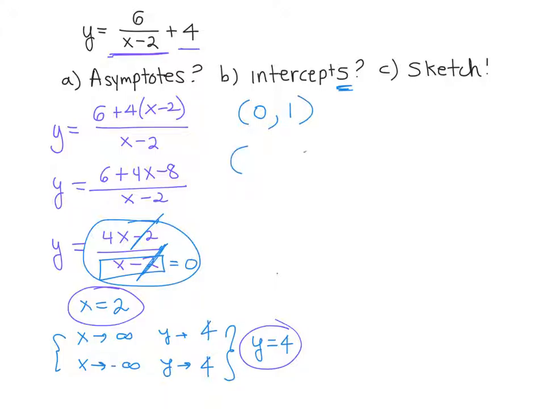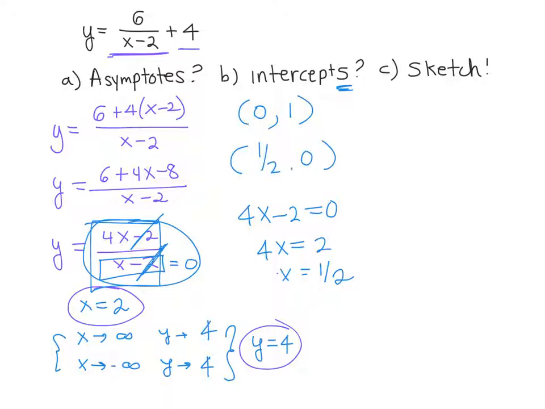When the y value is equal to 0, that's when in this fraction the numerator goes to 0, right? So 4x minus 2 is equal to 0, so 4x is equal to 2, x is equal to 1/2.